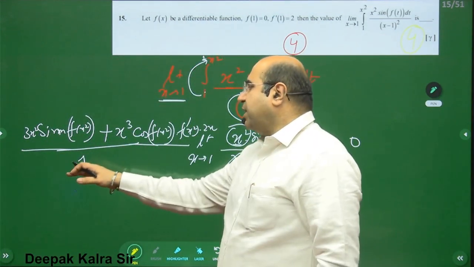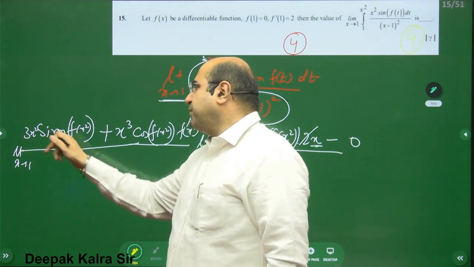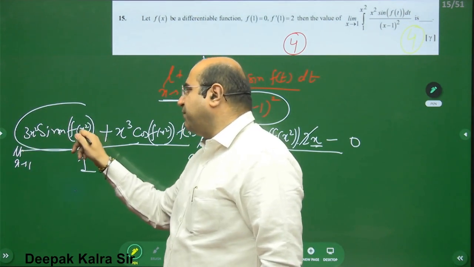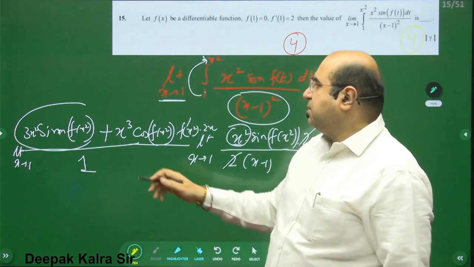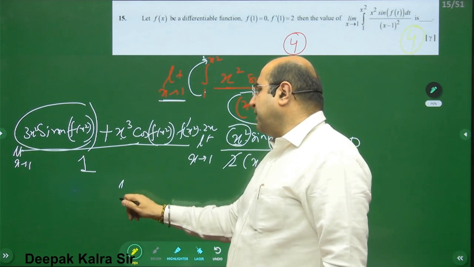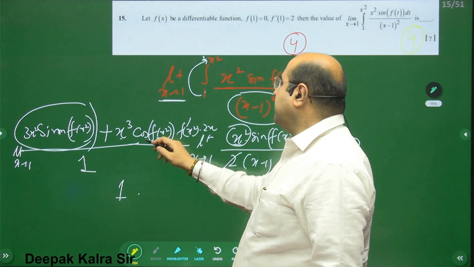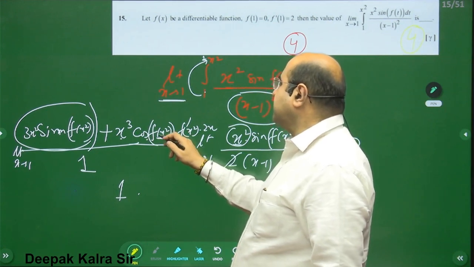You go for applying the limit x approaches 1 in this now. When you go with 1, this will become 0 because sine of f(1) is there and f(1) is 0. So no need to see this, only focus on this. This becomes 1 times cos of f(1), f(1) is 0, so cos 0 is 1.